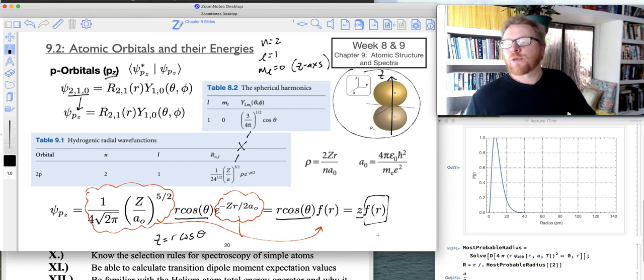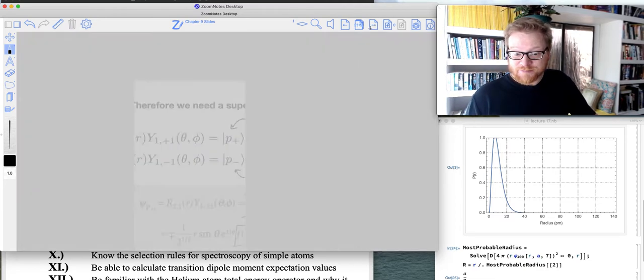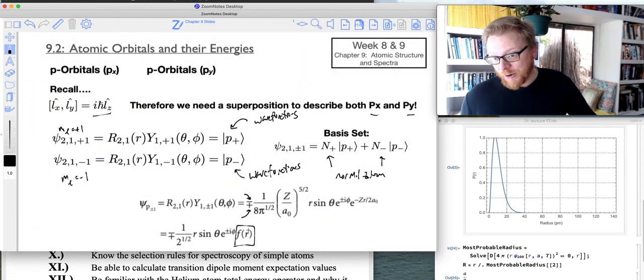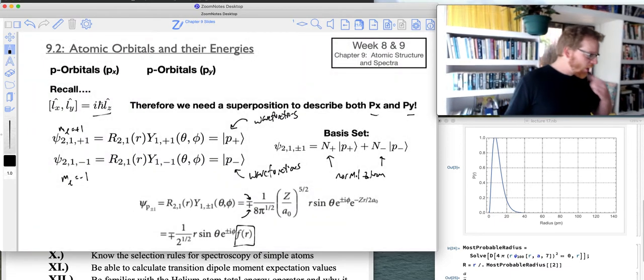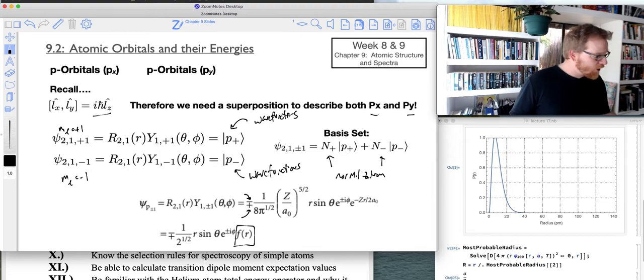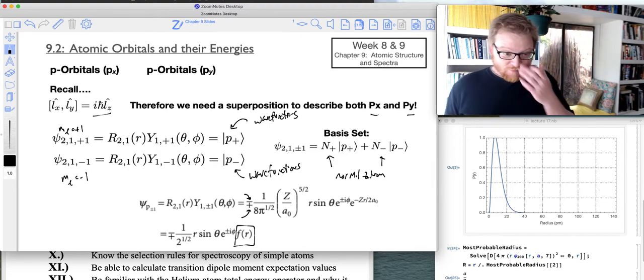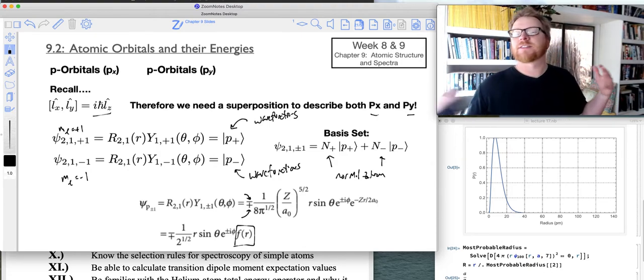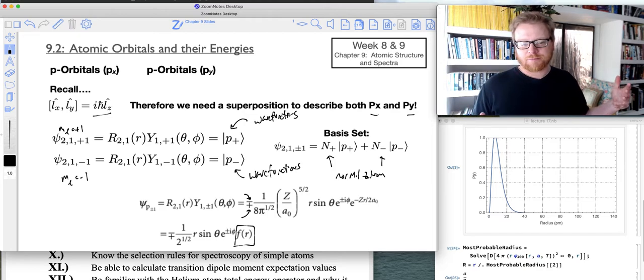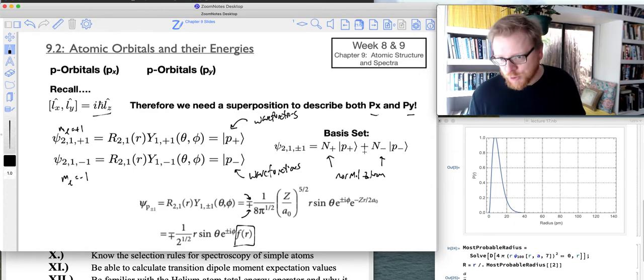I'm not going to go through the algebra to prove that, but if you rearrange these equations, you can get it so that f of r is the same as this f of r. Hopefully you can see where this is going. That's what creates the mathematical rationale for calling this either px or py. We still don't know which one is px or py because we have to apply our superposition.